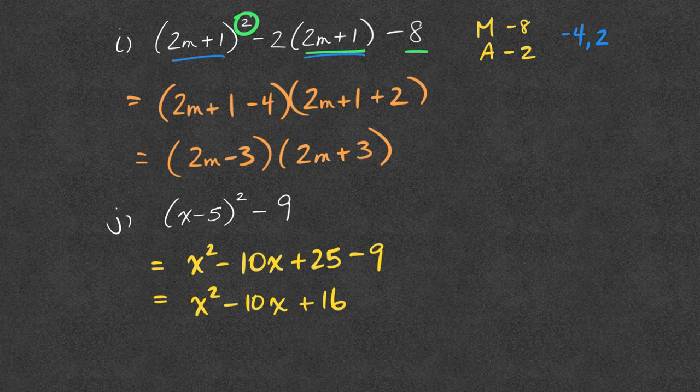Of which that is a simple trinomial with two numbers that multiply to give 16 and add to give negative 10. That would be a negative 8 and a negative 2. You eventually did factor. So the act of expanding doesn't mean that we will always create a scenario where we cannot recover. No. But it did mean that I went the opposite direction of where I was trying to get to.